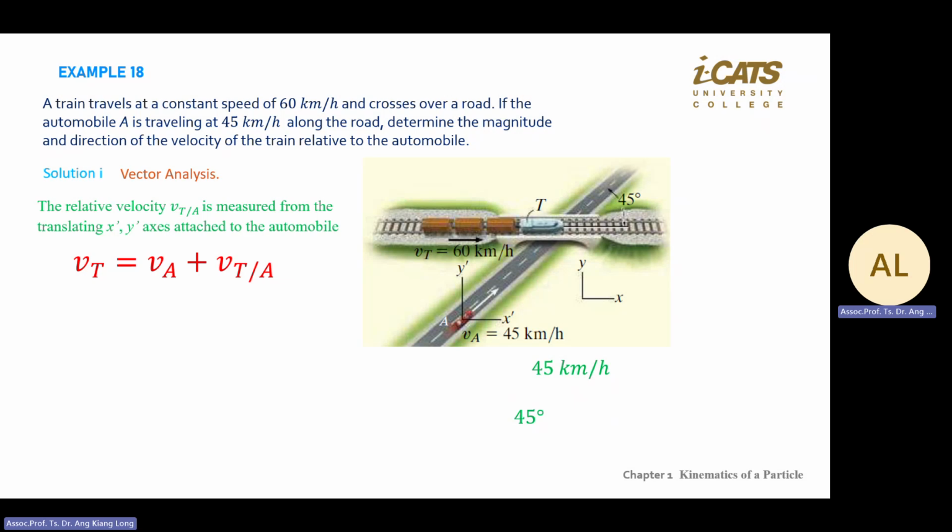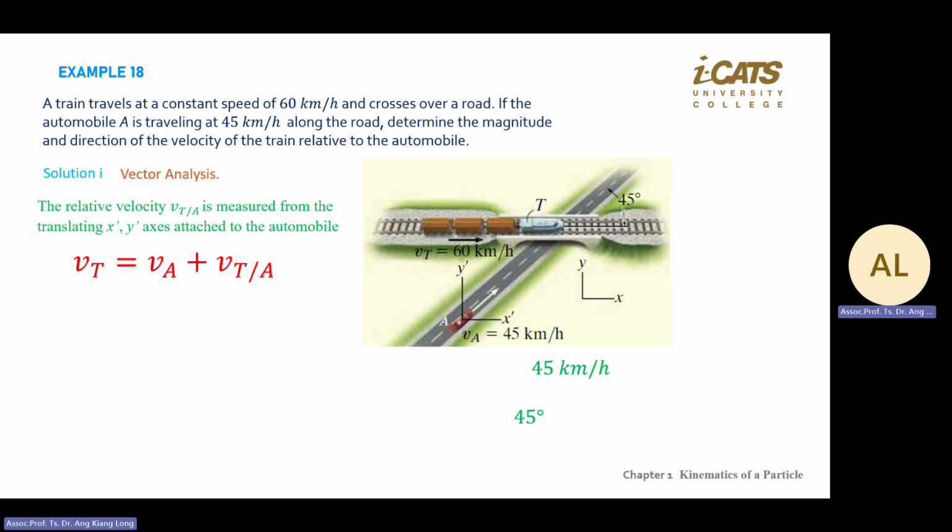You read the question and then you convert into equation. From the question, train relative to automobile. In the diagram, the train is T, the car is A. So V train relative to automobile, convert the slash into negative, Vt minus Va. Or you can rearrange like what you see on the screen here.